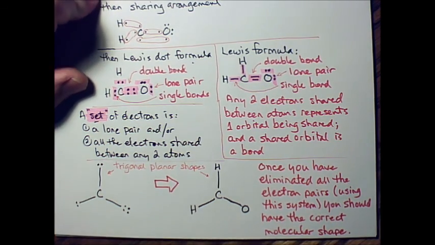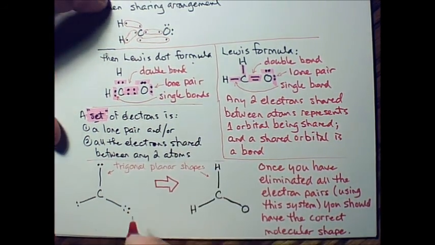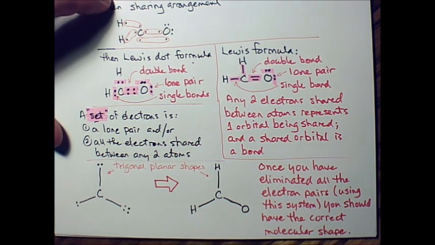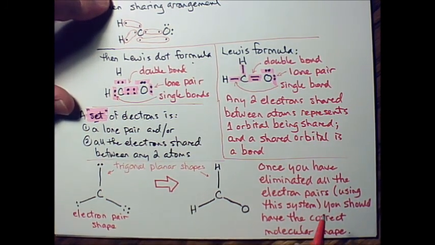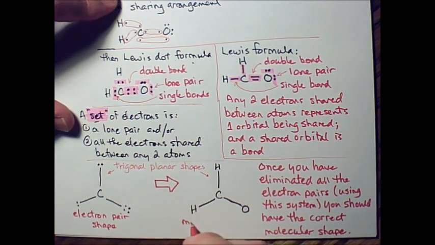Trigonal planar shapes. Okay? This is called an electron pair shape. And once you get rid of all the electron pairs through the system I've taught you, you have a molecular shape.